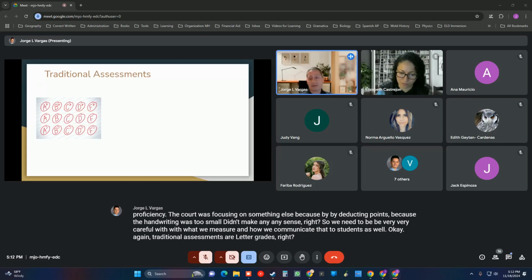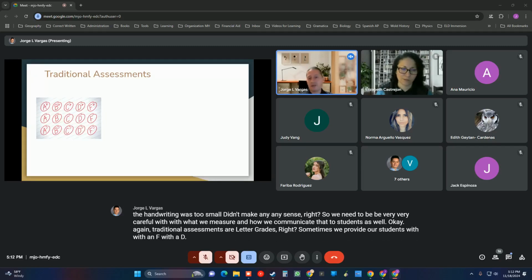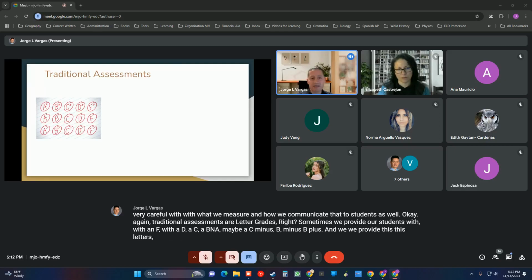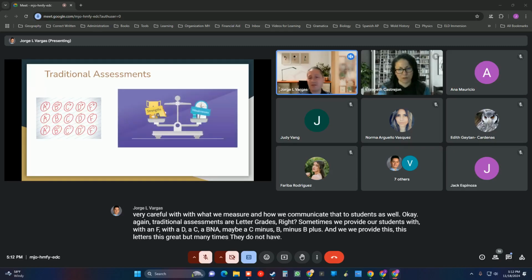Why? Because the ratings in themselves do not help students identify their strengths and weaknesses in order for them to improve.